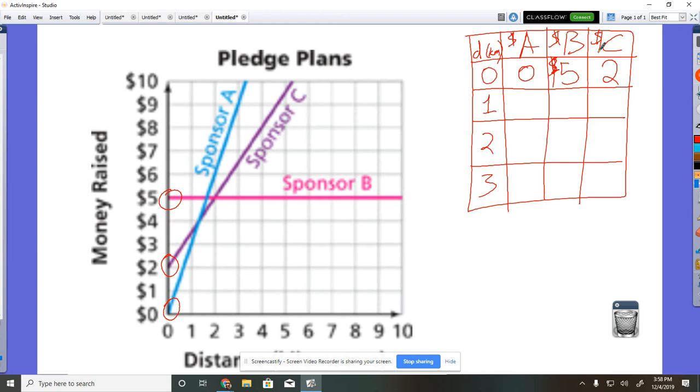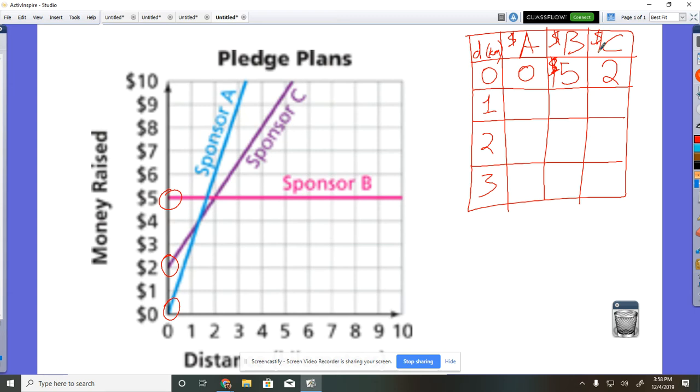So for sponsor A, they're donating $0 to the walkathon. Instead, they're going to pay per kilometer. Sponsor B is donating $5. Sponsor C is donating $2. Now we need to see what each sponsor will pay per kilometer.